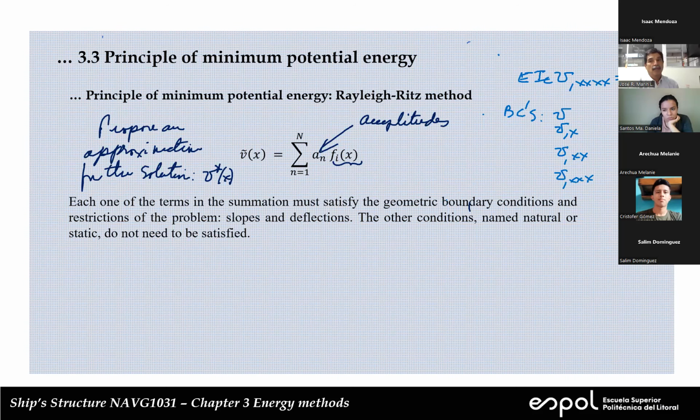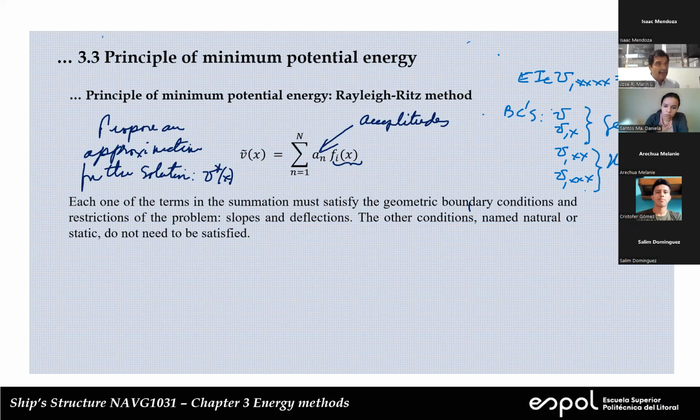Now, if you specify values of V and V comma X, these are what we call geometric boundary conditions. And values of the second or third derivative are what we call natural boundary conditions.